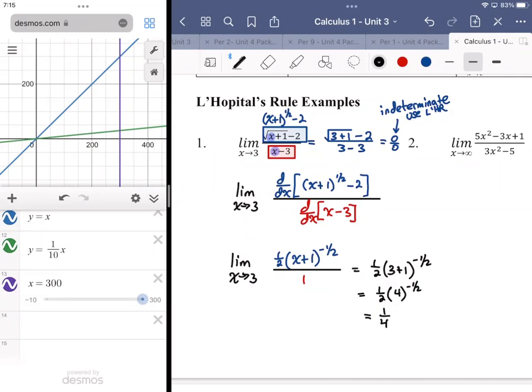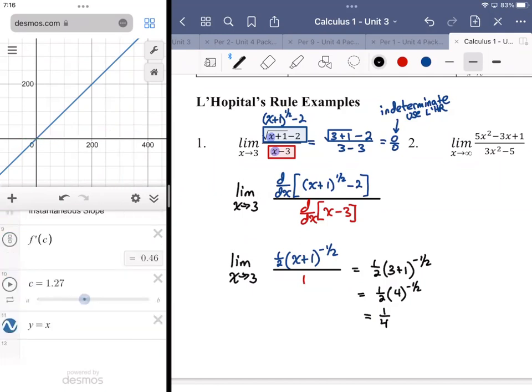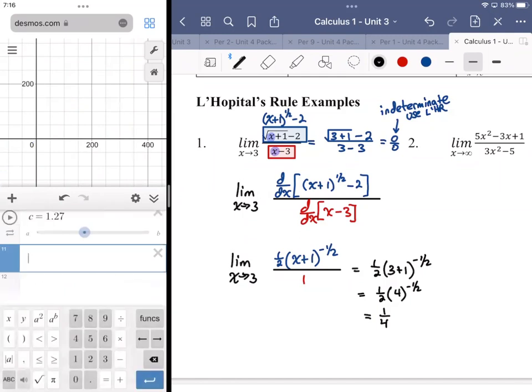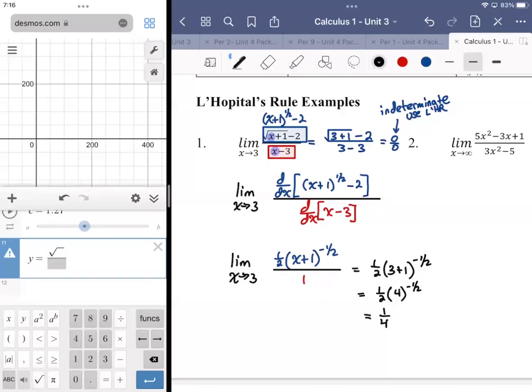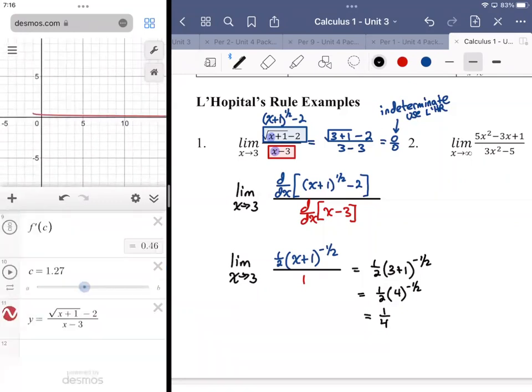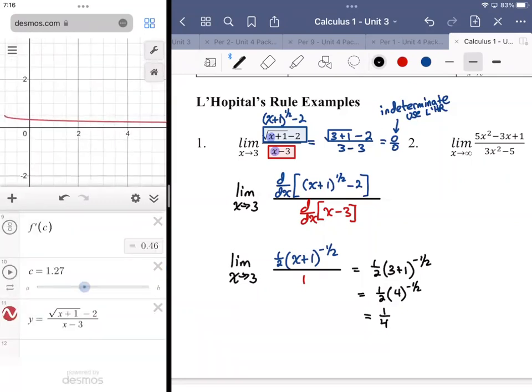Now we could verify. Again, just like before, I'm going to try to work around the other applet. But if I put the original function in, I'll put it as y equals the square root of x plus 1 minus 2 over x minus 3. Go back to the home zoom. They're saying find the limit as x approaches 3. At 3, it's undefined.